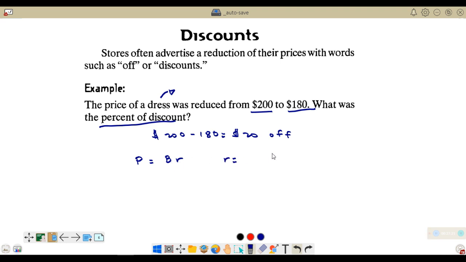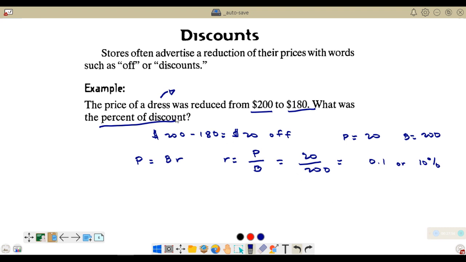So, we are going to use P over B. Again, P is 20 and B is 200. We have 20 divided by 200 to get the percent of discount. 20 divided by 200 is 0.1 or 10%.